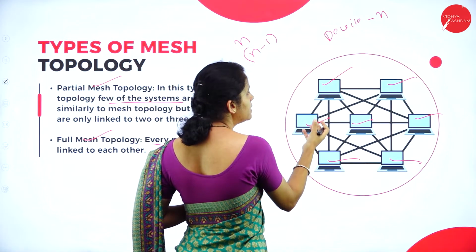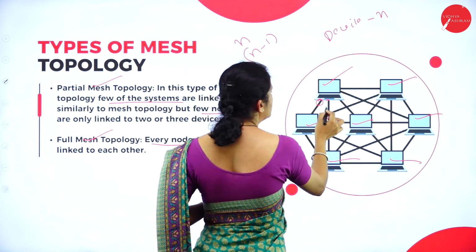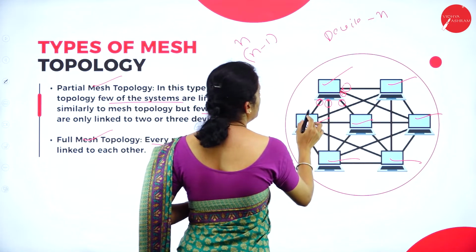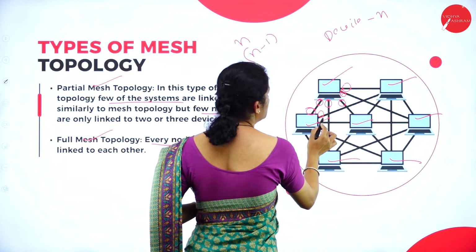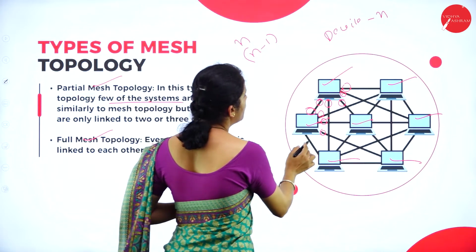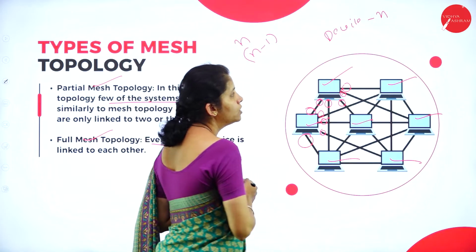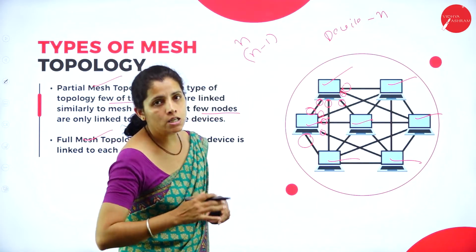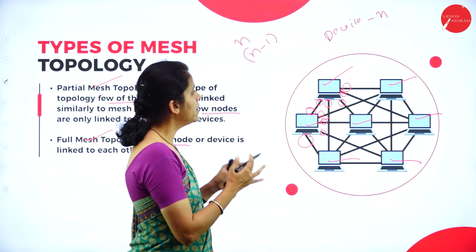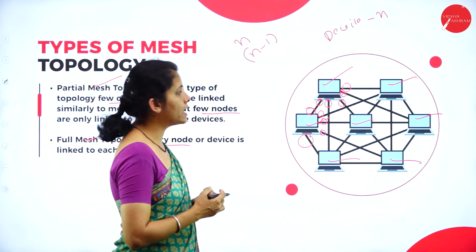If I consider the wires 1, 2, 3, 4 and 5. And if I consider this one 1, 2, 3, 4, and 5. So, it is n minus 1 connections. From each device, I must have n minus 1 connections.